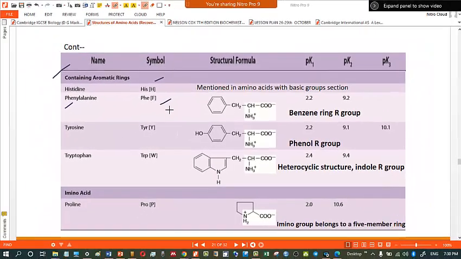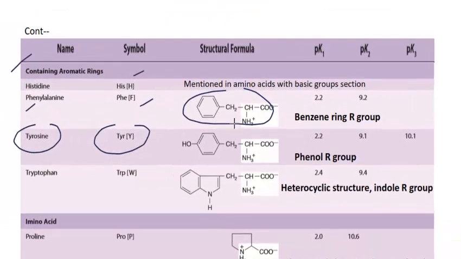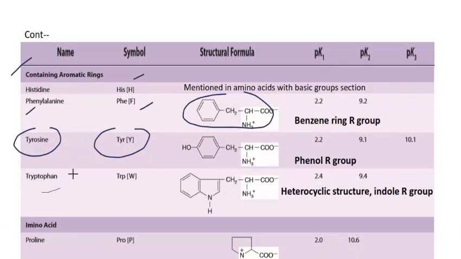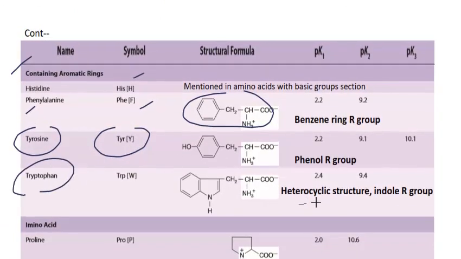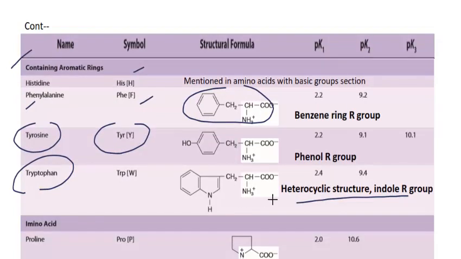Okay. Tryptophan, heterocyclic structure, indole R group is there. That's very specific. Tryptophan is abbreviated as W, tyrosine as Y. Okay. Clear? Any doubt?